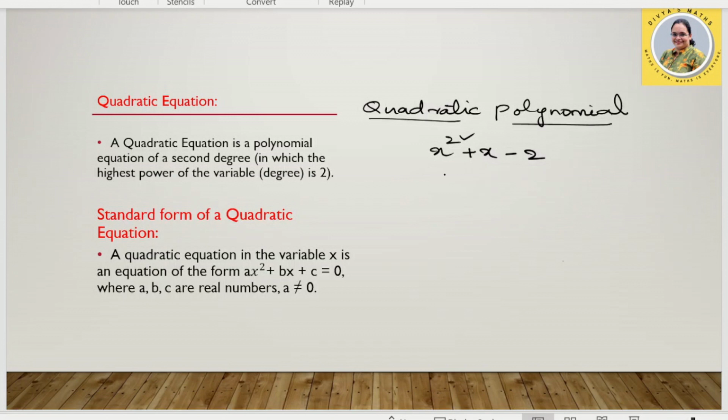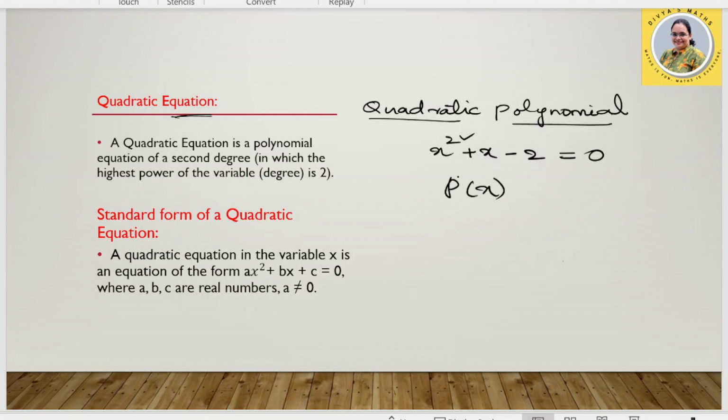This expression is a polynomial because it is a combination of constants and variables. Now, what is a quadratic equation? When we equate a quadratic polynomial to something, it is said to be a quadratic equation. We know that a quadratic polynomial can be written as p of x.